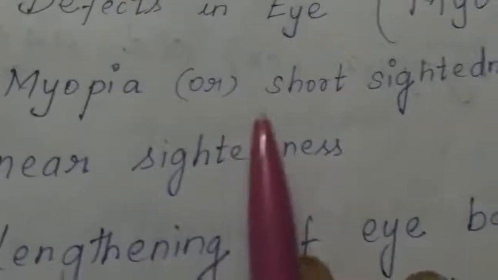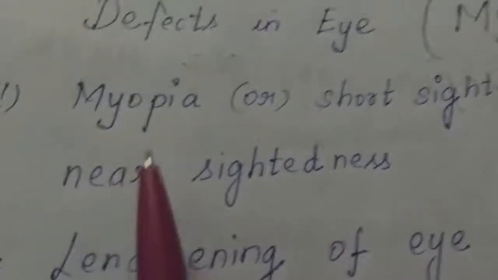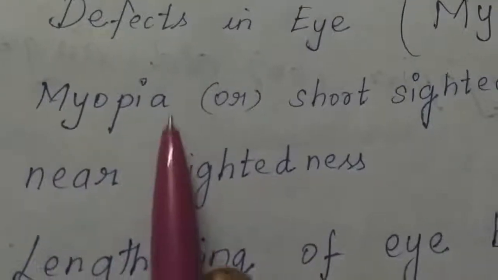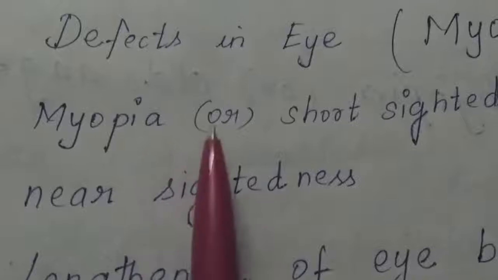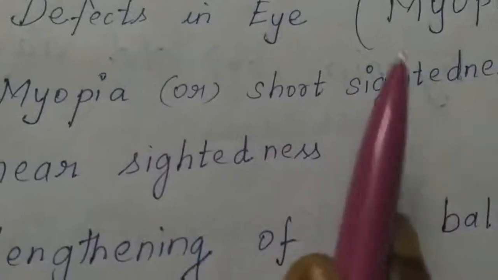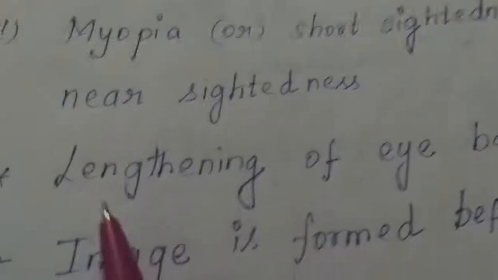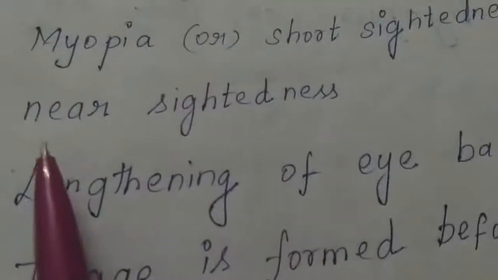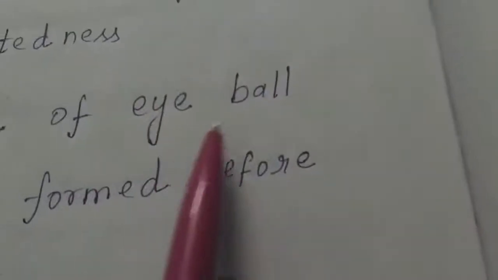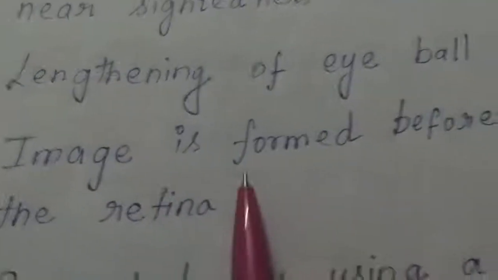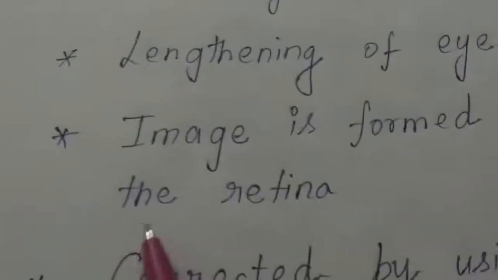Myopia, also known as short sightedness or nearsightedness, because the person affected by myopia can see the near object clearly but cannot see the distant object distinctly. Myopia occurs due to lengthening of the eyeball, and the image is formed before the retina.